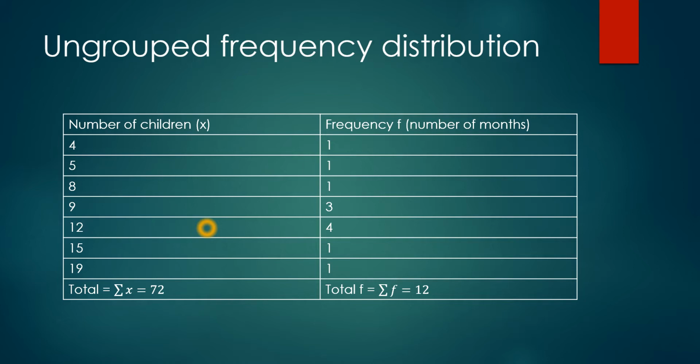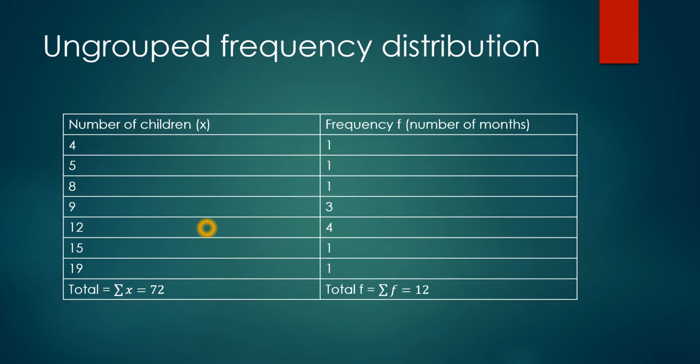So now we have this ungrouped frequency distribution table. What can we do about it? Because at the end of the day, we don't want to just watch this table for nothing. We need to extract some values. So what we can do is run some type of analysis, especially when we have this small amount of data or a sample.